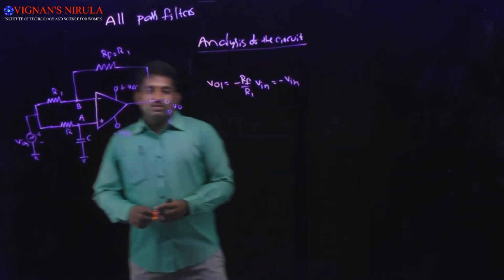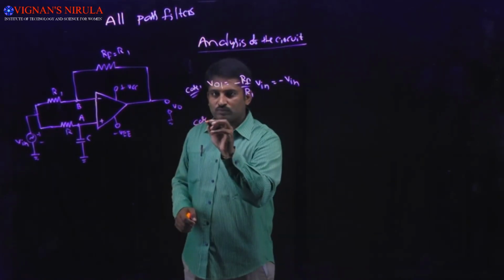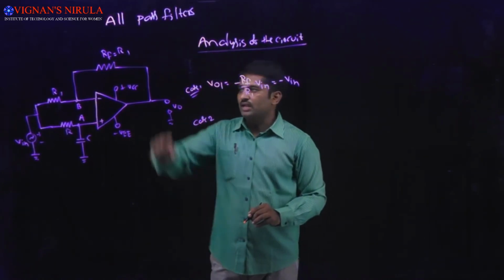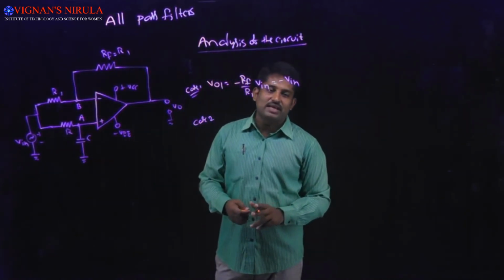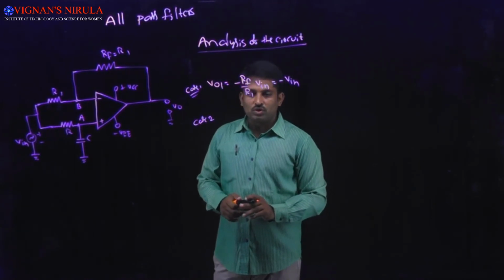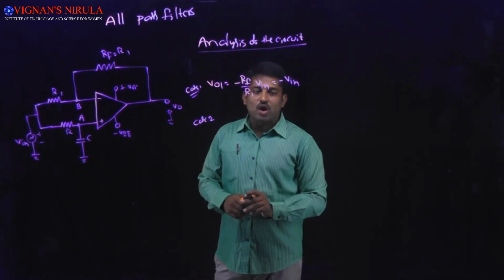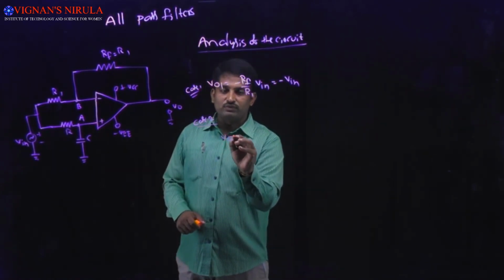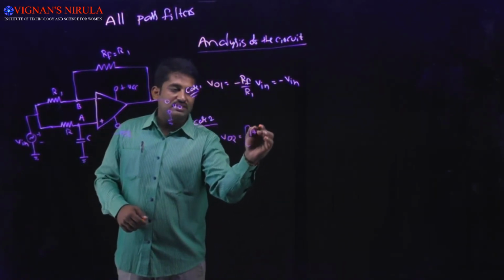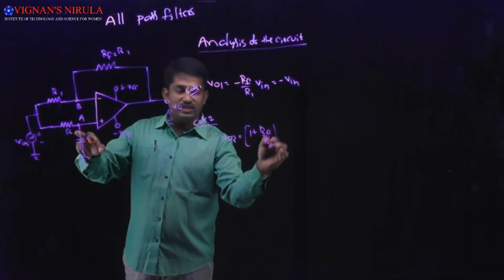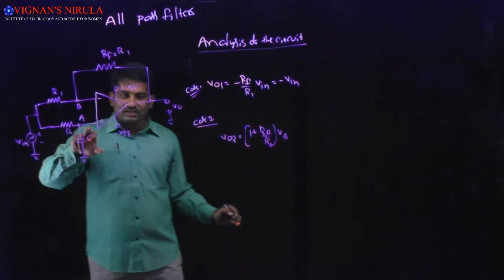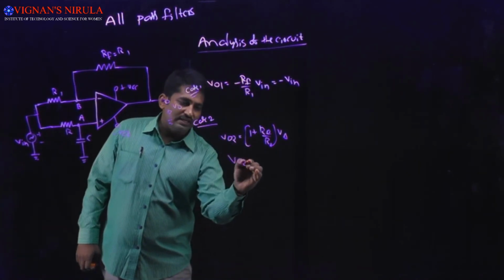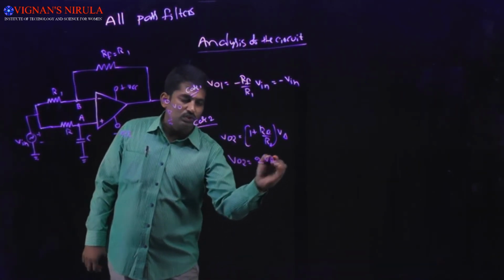Now case 2. When the inverting input is connected to ground, the total circuit acts as a non-inverting op amp. The output voltage of the non-inverting op amp is V02 equal to 1 plus RF by R1 into VA. Here you have to calculate the value of VA, and since RF is equal to R1, V02 is equal to 2 into VA.